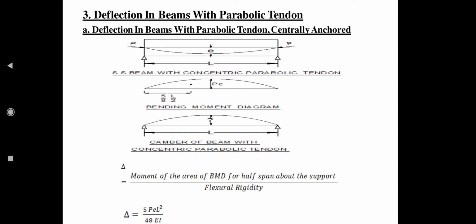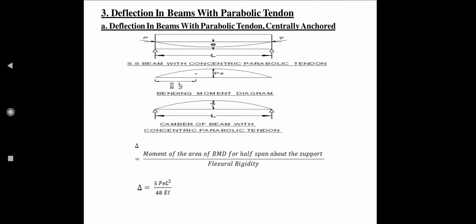The deflection when a curved cable profile is provided is delta equal to 5PEL square by 48EI. That is the deflection of a beam provided with a curved cable profile, when the cable has zero eccentricity at the ends and eccentricity of E at midspan.